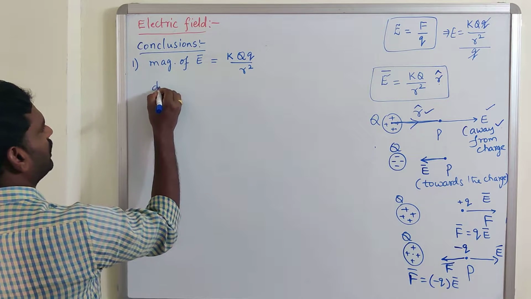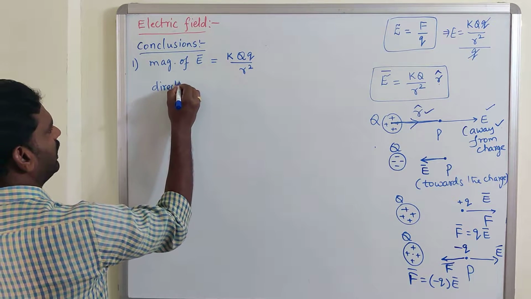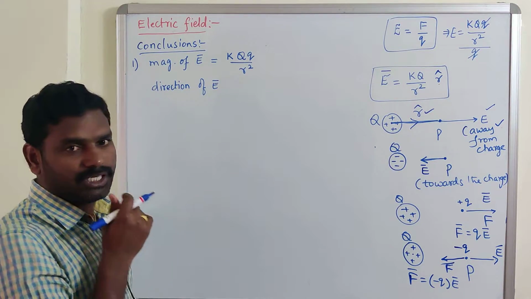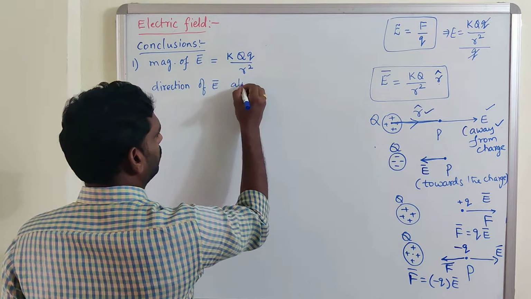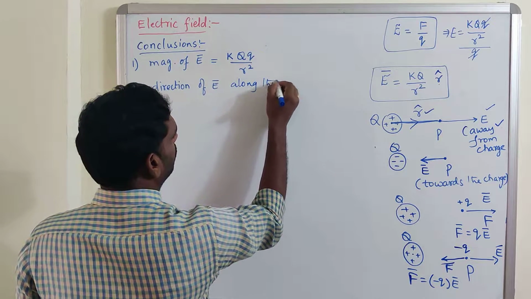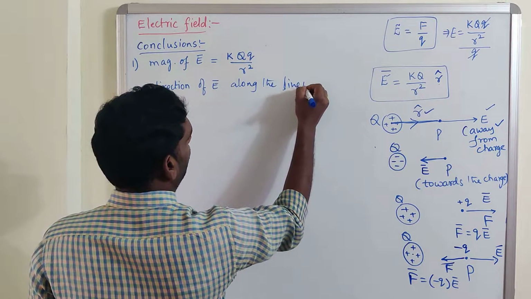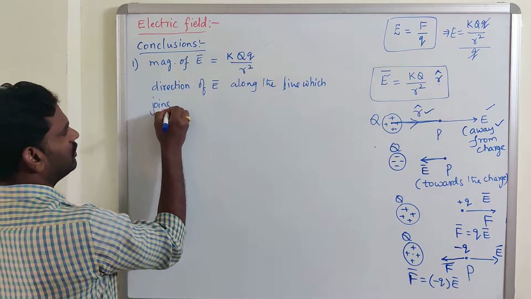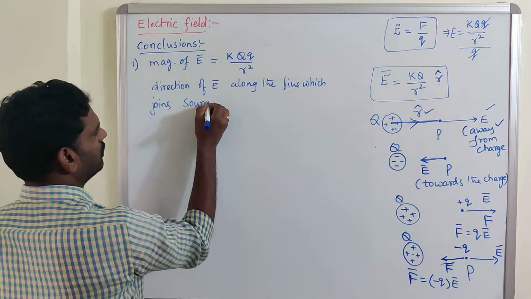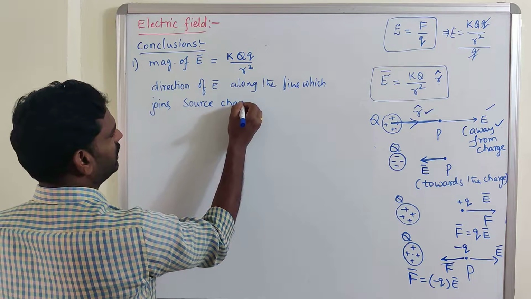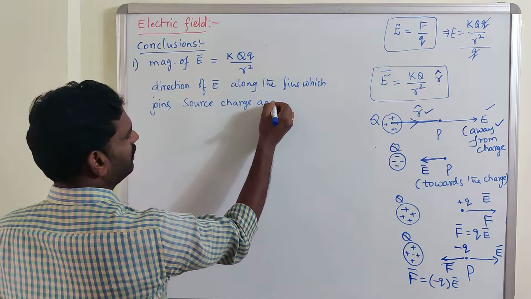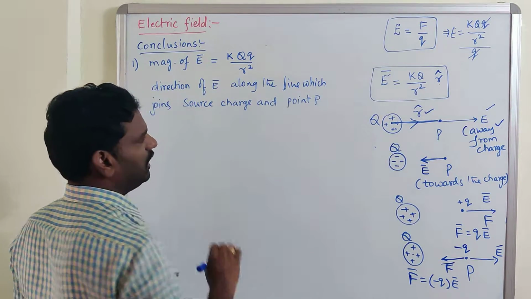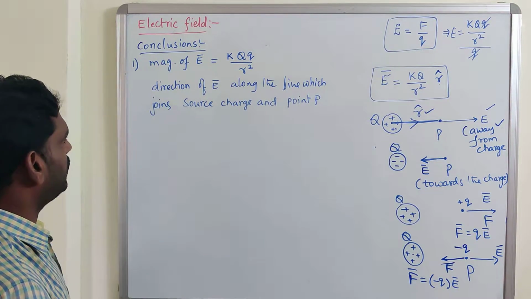And direction of electric field is along the line which joins source charge and point P. Along the line joining source charge and point P.